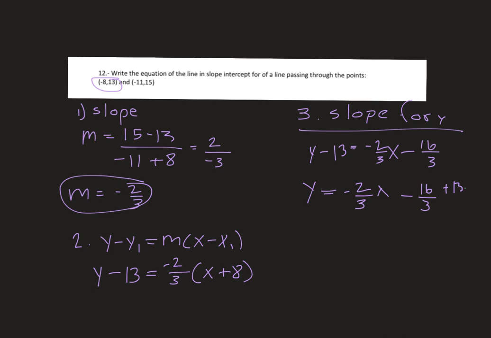Now we just need to actually combine the constants. So I'm going to find a common denominator there. So that's negative 16/3 plus 39/3, which will be 23/3. So 23/3, and then the rest of my equation.